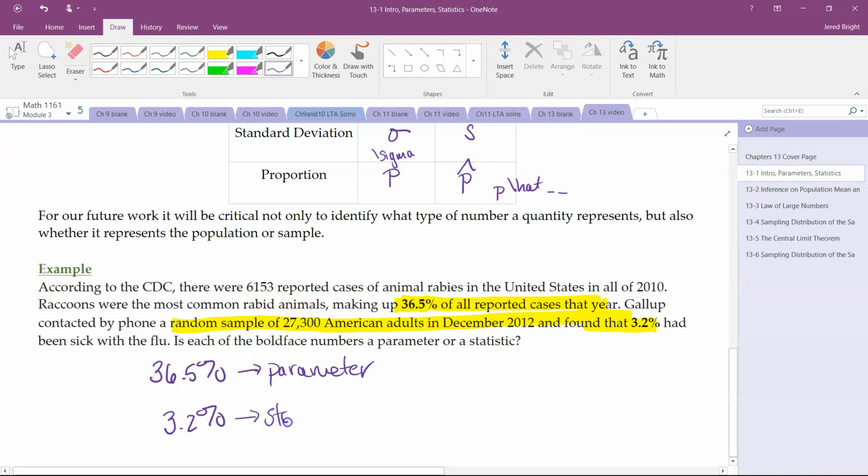So again, parameters we compute from population data, statistics we compute from sample data. With these contexts that we are going to see, we need to tease out the numbers that are given to us. Are they parameters or statistics? Usually once we are able to do that, that's half the battle. So be aware of that moving forward.